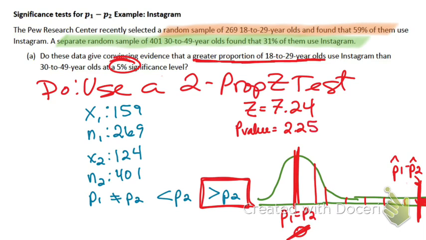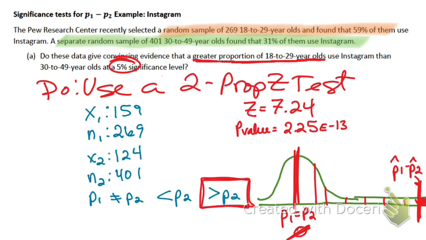Sure. So y'all are telling me the probability that I get a sample difference this far from what it should be is 225%? Yes. It has an e to the negative 13 at the end. Did you see it has an e to the negative 13? Is that important? Yeah, a little bit.